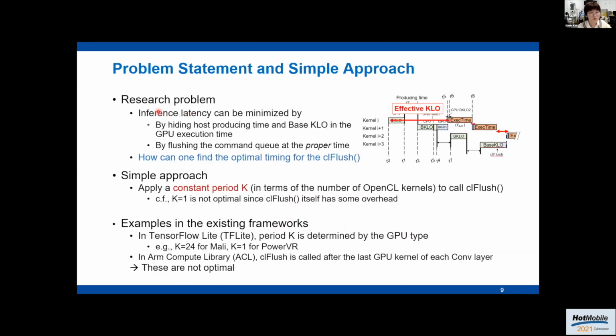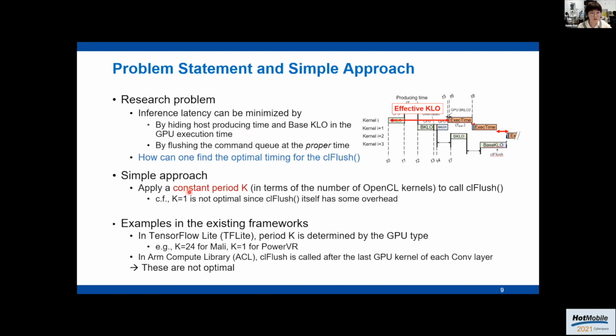Thus, the research problem of this work can be stated as minimizing CNN inference latency by hiding the host's processing time and base CLO in the GPU executions, which can be achieved by flushing the command queue at the proper time. In other words, it is about how one can find the optimal timing for cl flush to minimize CNN inference latency.